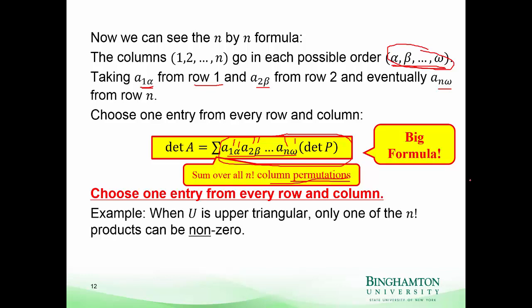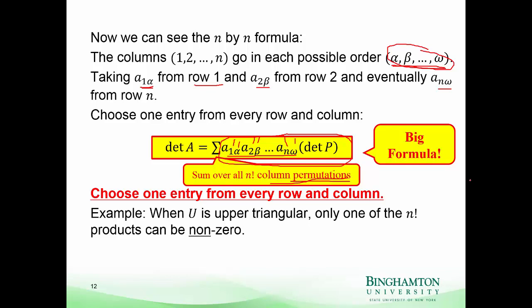Now, as an example, if we took an upper triangular matrix and tried to think through this, there's only one permutation of columns that will get you all non-zero elements. Every other permutation of columns as you go through the rows in order will get you something from the lower part of the upper triangular matrix, which will make that product equal to 0.